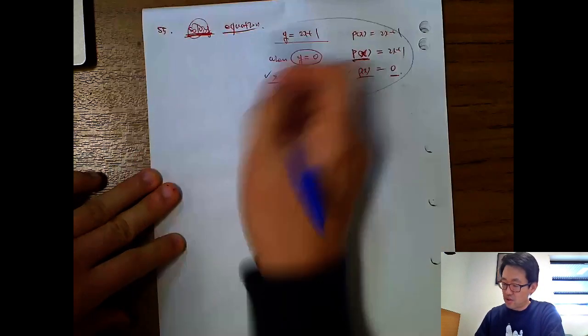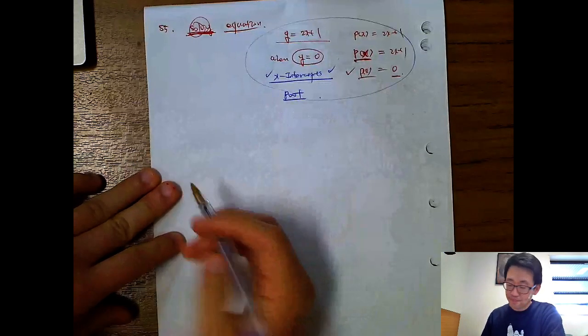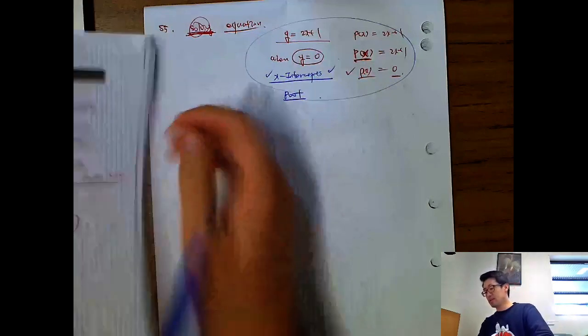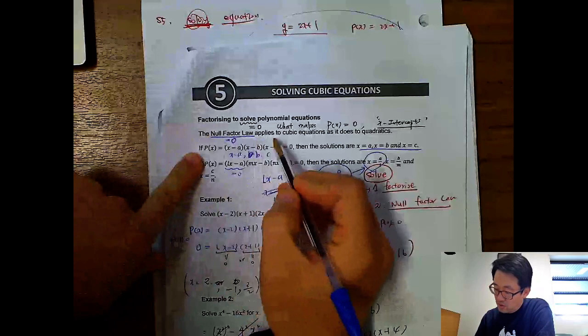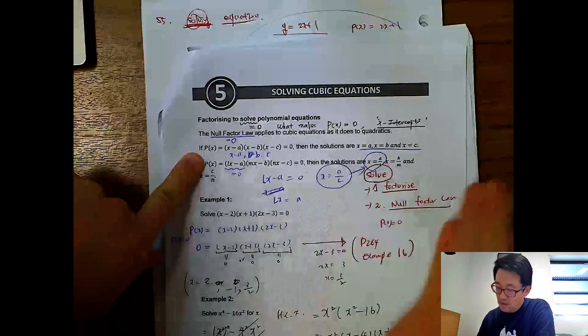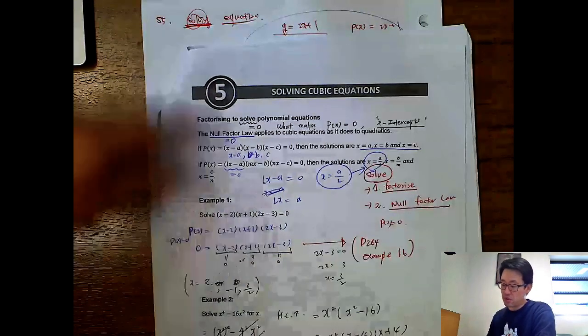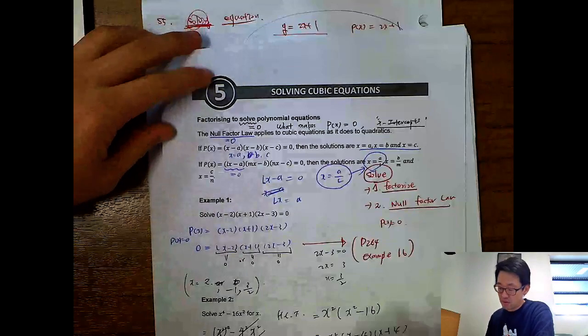So we just go and check our previous knowledge here. They said the null factor law applies to cubic equations. The same thing, null factor is equals 0. P(x) equals 0, yeah?